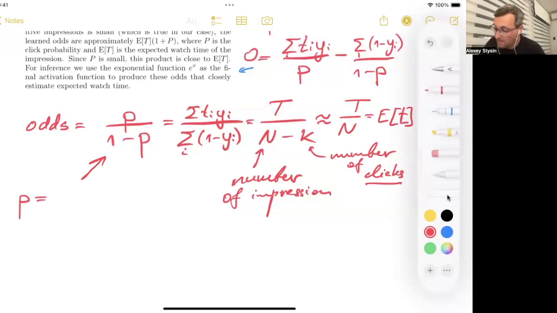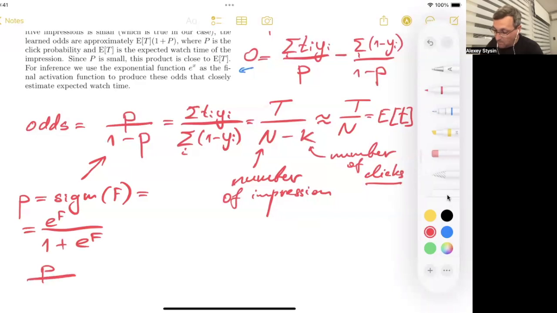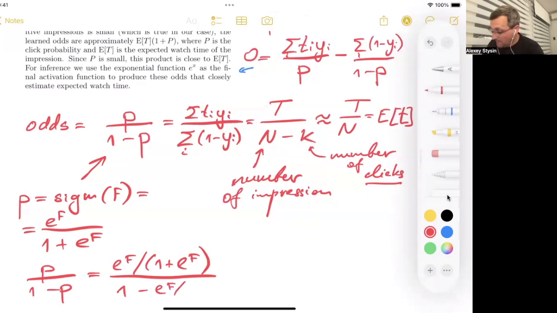that we said that p is going to be a sigmoid of f. And using the explicit formula for the sigmoid, we will see how this transforms. So this is going to be e to the f over 1 plus e to the f. This is the definition of the sigmoid. And now if we substitute that into the formula for the odds, we get that p over 1 minus p is going to be e to the f over 1 plus e to the f, divided by 1 minus e to the f over 1 plus e to the f.